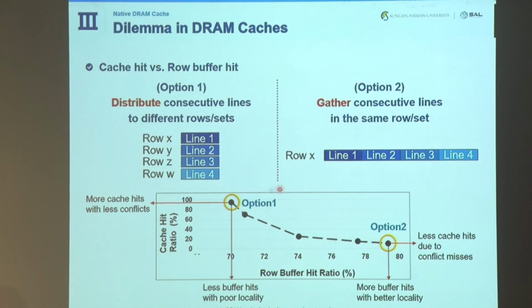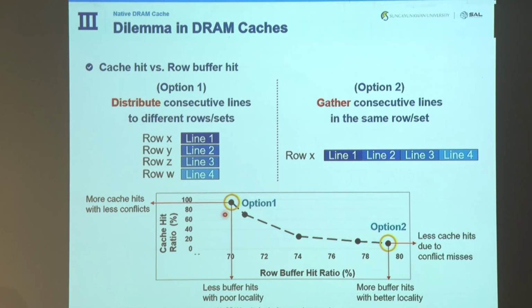Generally, when there is a likelihood of accessing consecutive addresses in the address space sequentially, placing them in different sets, as shown in the left option 1, can improve the cache hit ratio. However, each set corresponds to a different row in a DRAM cache, thereby potentially reducing the row buffer hit ratio.